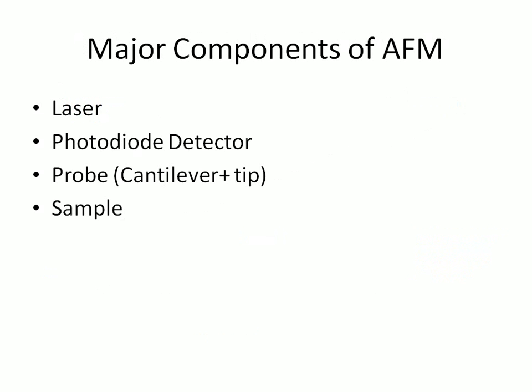As we discussed, the major components of the AFM are the laser, the photodiode detector, the probe, and the sample. The laser is used to measure the deflections caused by the adjustments of the probe due to the sample's topography, or the height of the sample. The photodiode detector detects the changing laser angles and helps develop our image from that.